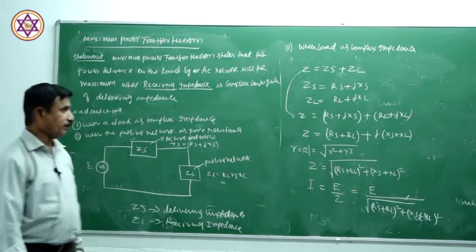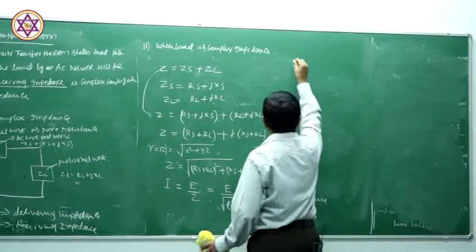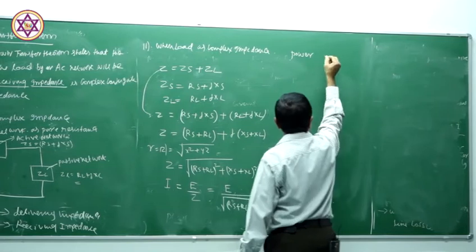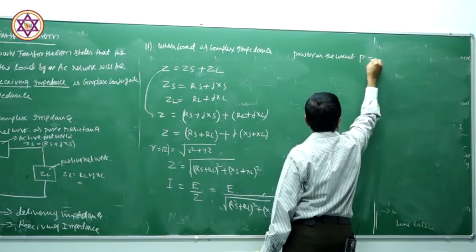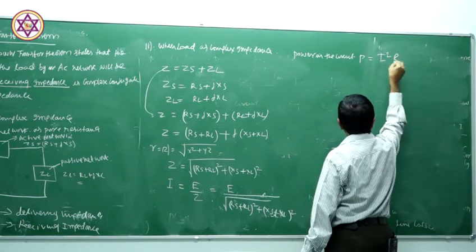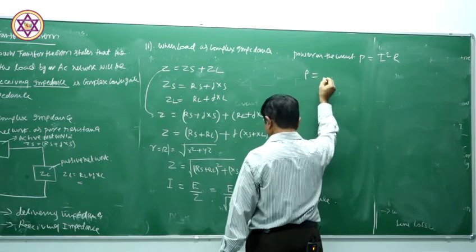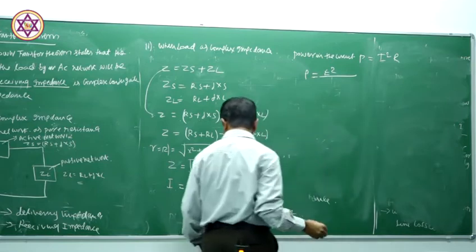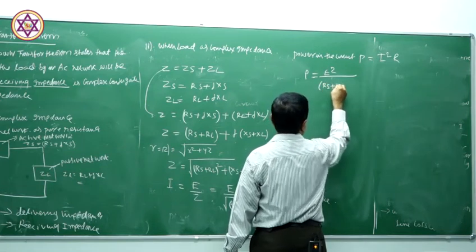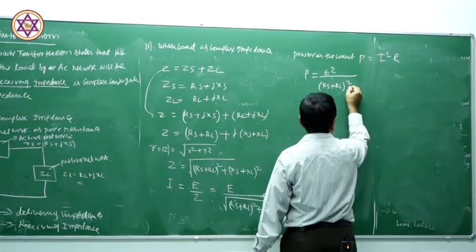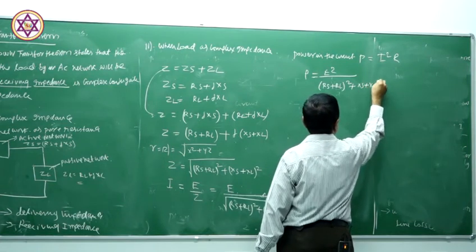Power in the circuit is given by P is equal to I squared R. That means the square of this current, that is E squared by the impedance squared, which is RS plus RL the whole square plus XS plus XL the whole square.